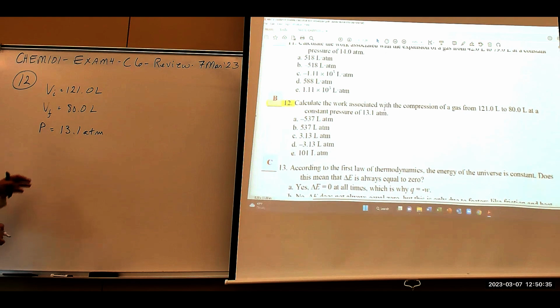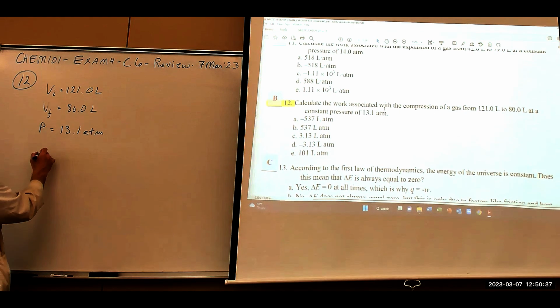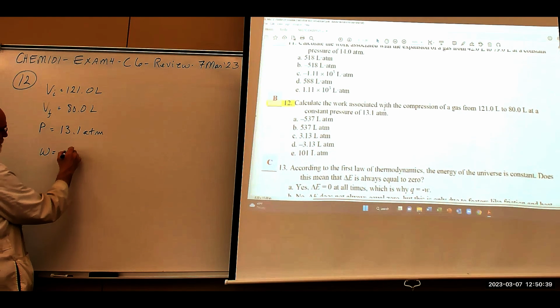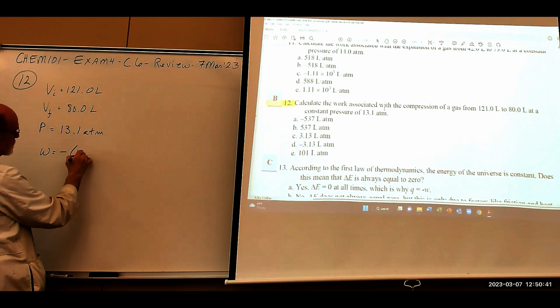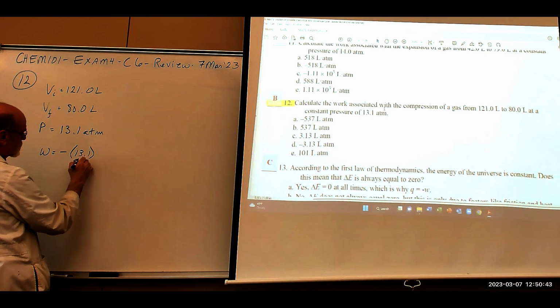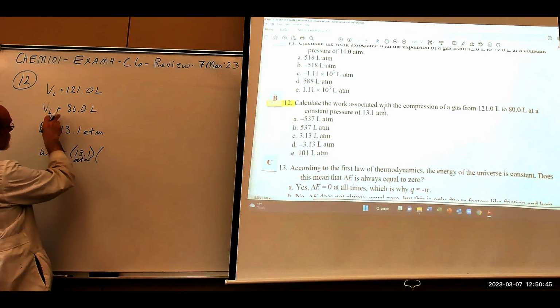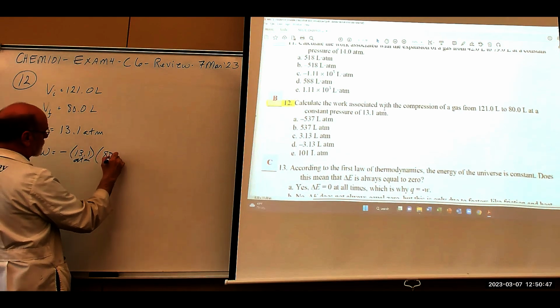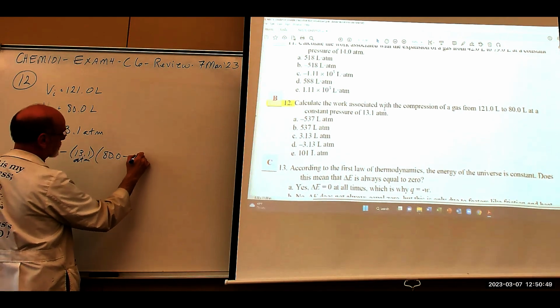They let us leave it in liter atmospheres. So all we have to do is take constant pressure, atmospheres, and then final minus initial.